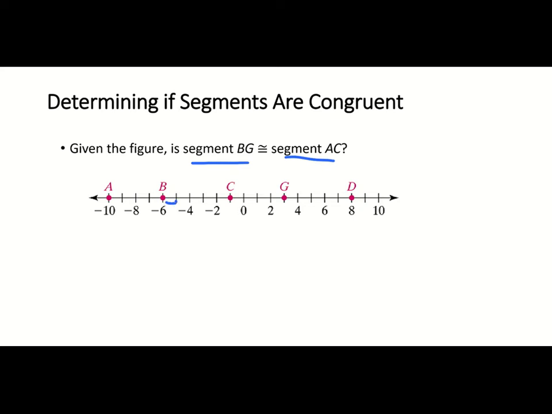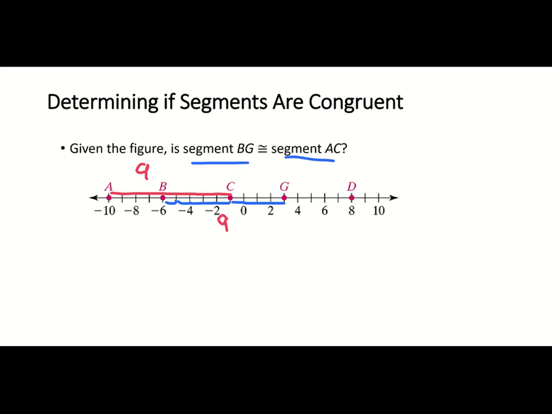So from B to G, it's 1, 2, 3, 4, 5, 6, 7, 8, 9 spaces. And then from AC, if we go, it's 1, 2, 3, 4, 5, 6, 7, 8, 9. Okay, so this was 9 units, and this was also 9 units. So yes, the two are congruent.